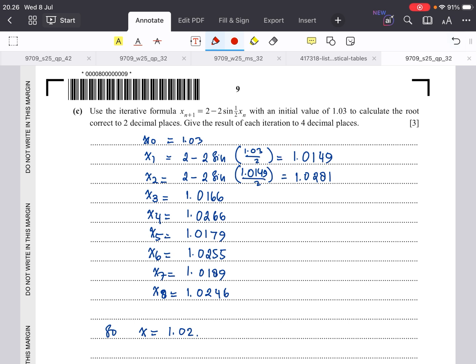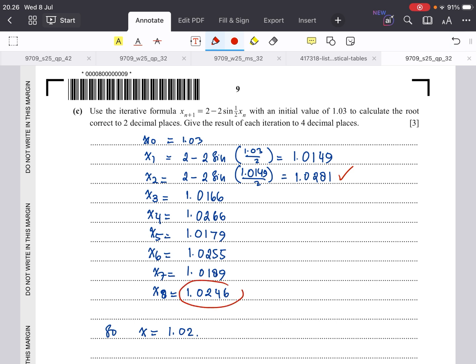Then we get the value of x2 is 1.0281. We repeat this process several times until the value remains the same, correct to 2 decimal places.